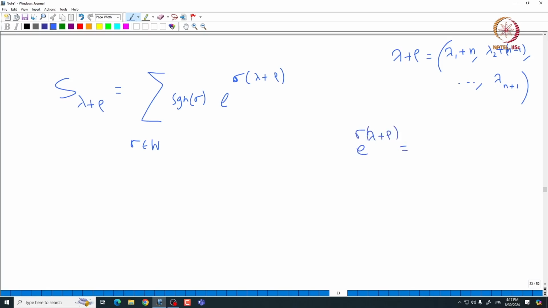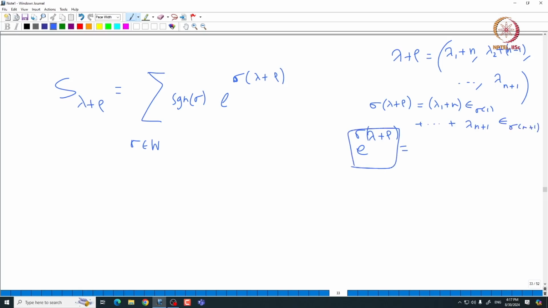So if you rewrite this, sigma of lambda plus rho is going to be lambda 1 plus n times epsilon sigma 1 plus etcetera, plus lambda n plus 1 times epsilon sigma n plus 1.